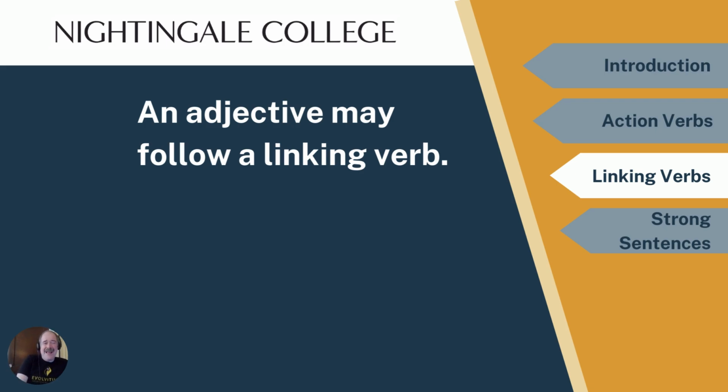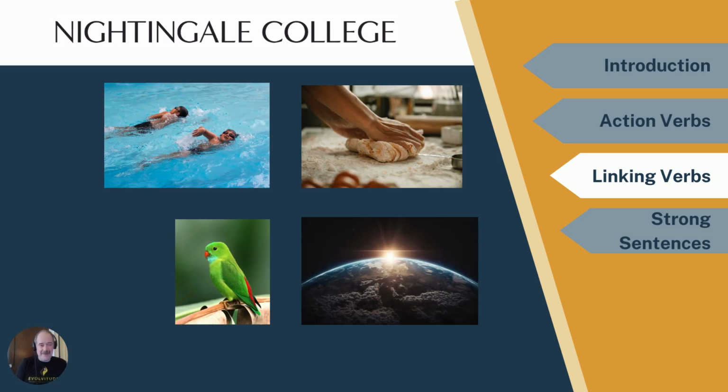So how do I identify a linking verb? One way is if the verb is followed by an adjective. Remember, I made no references to adjectives when we looked at action verbs. So we could say, "Hmm, the bird is cute."